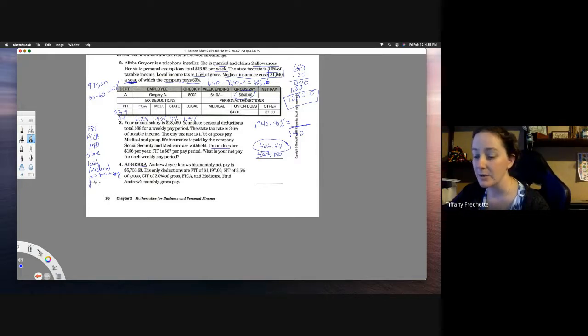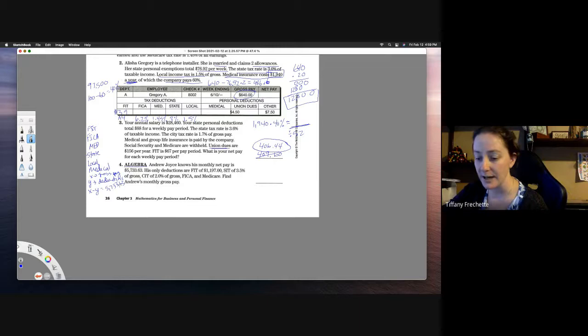Y is going to be his deductions. So if we take his gross pay and we take away the deductions, we get his net pay, which we already know is $5,733.63. So we know if we take gross pay and we subtract deductions, we get this much.